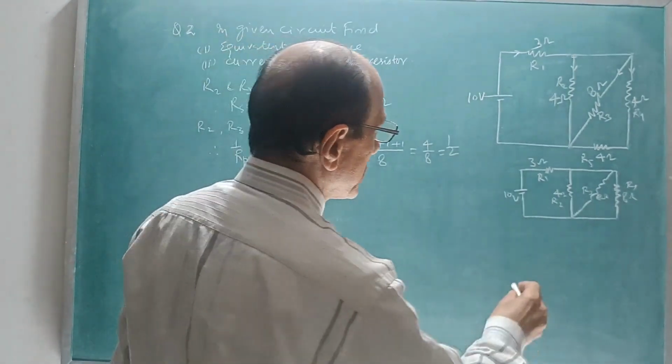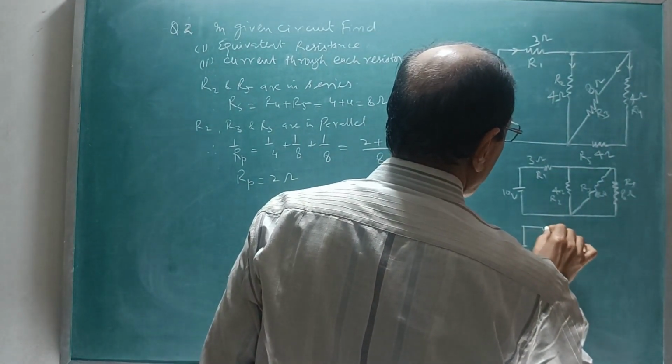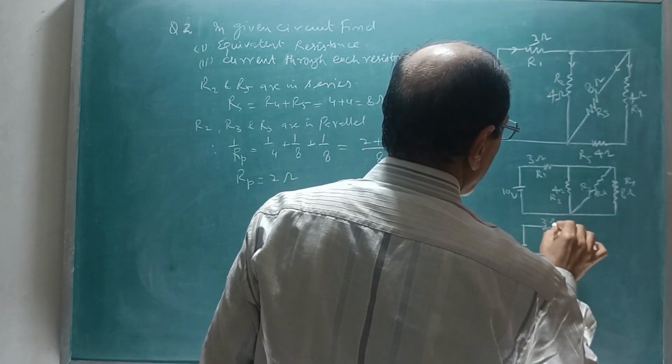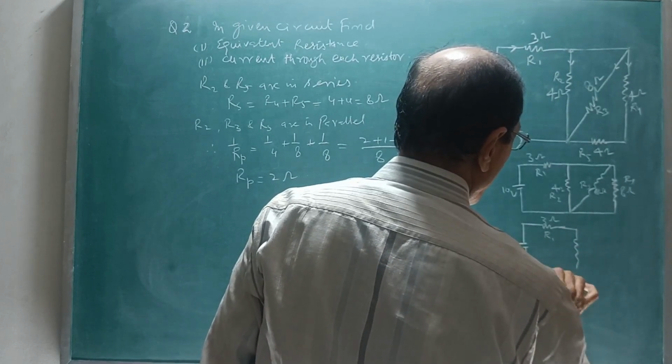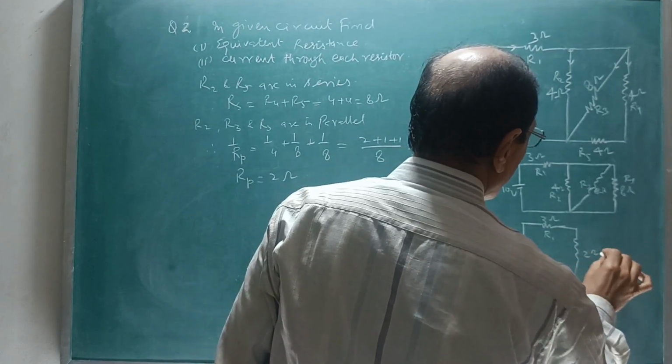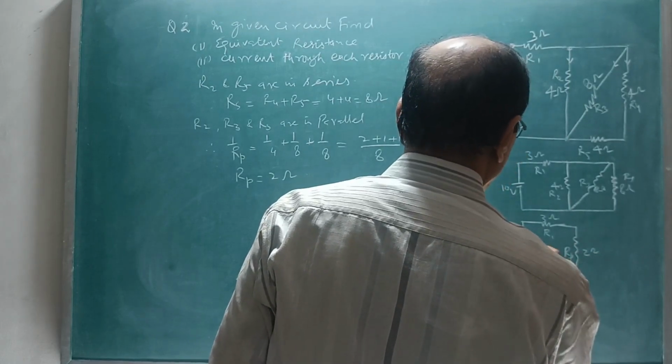And now the equivalent circuit will become 3 ohm, that is R1, and here we will have simply 2 ohm, that is R parallel, and this is 10 volt.